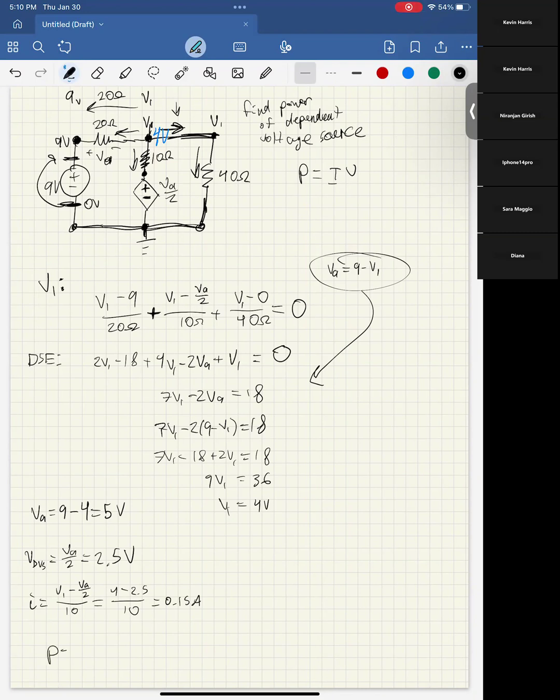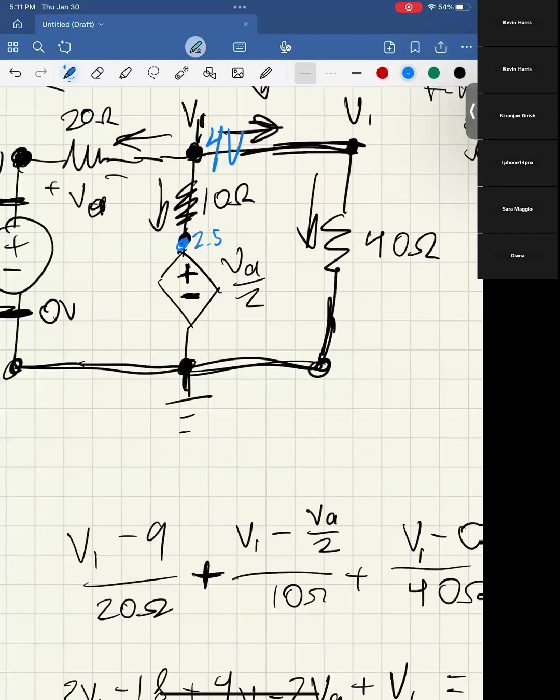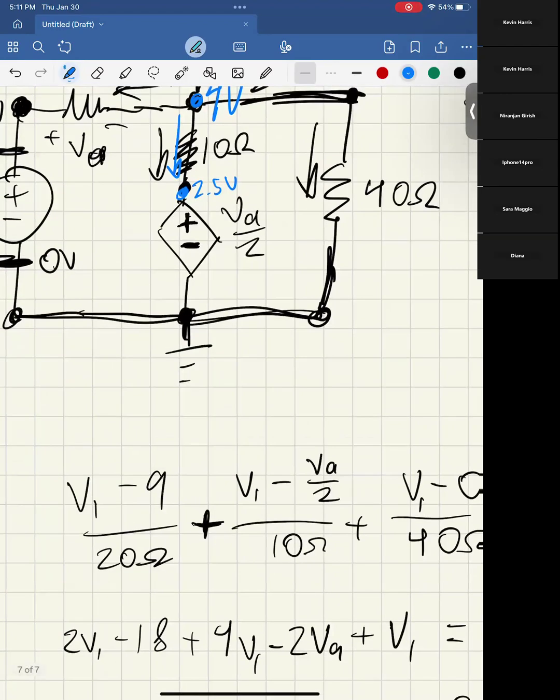And then we say power equals current times voltage. And before we do this, let's look at if this is going to be positive or negative. So we found VA is 2.5. So we have 2.5 volts here and 4 volts up here. Current flows from high to low, so it's going down. Here we have a 2.5 volt drop and it's going down.